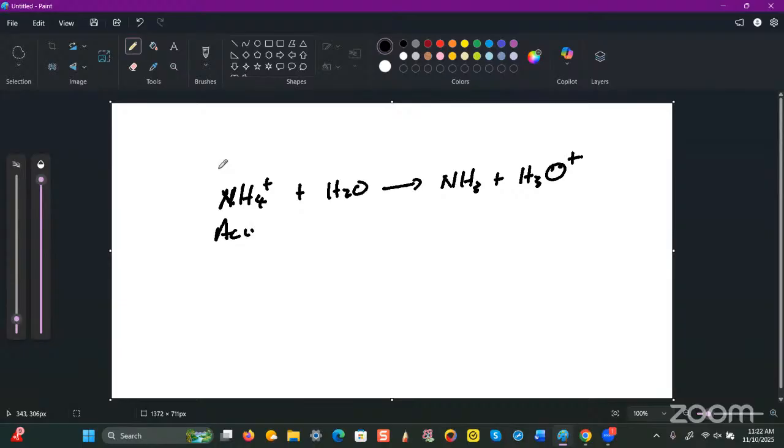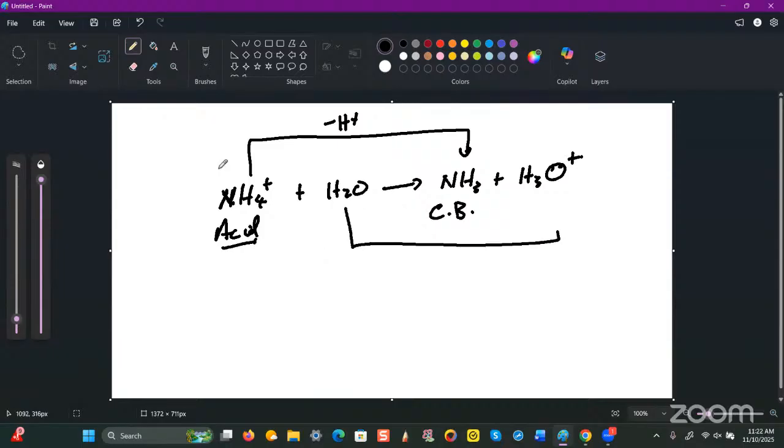When it loses a hydrogen ion, minus H plus, you end up with this. So if this is an acid, this will be the conjugate base. I'll use CB to abbreviate conjugate base. On the other hand, we have the water gaining a hydrogen ion to form this. So water here is acting as a base, and the hydronium ion would be the conjugate acid of that base.